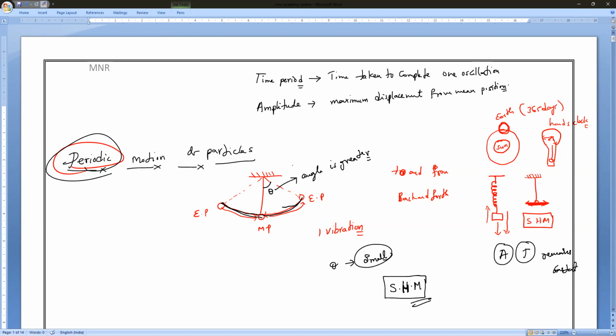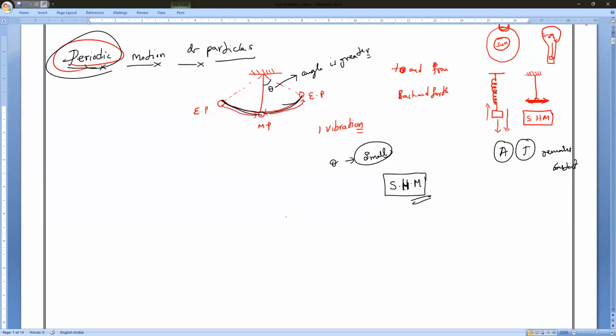So in SHM, the acceleration of the body or particle executing the motion is directly proportional to the displacement from its mean position. Always remember this. Let me take Mr. Kishore or somebody taking the bob to this point.